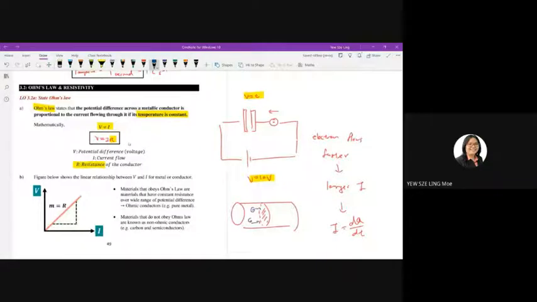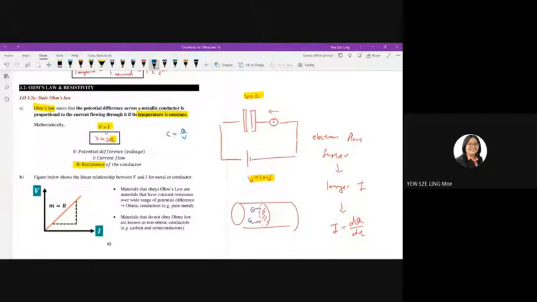Isn't this statement very familiar? Because in chapter 2, you have C equals Q over V. In this equation, Q depends on V. You change Q, you change V. C is kept constant. In this chapter, the same thing happens.